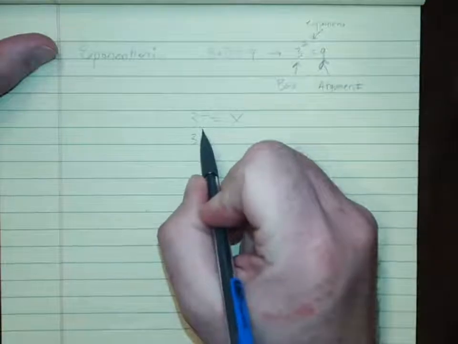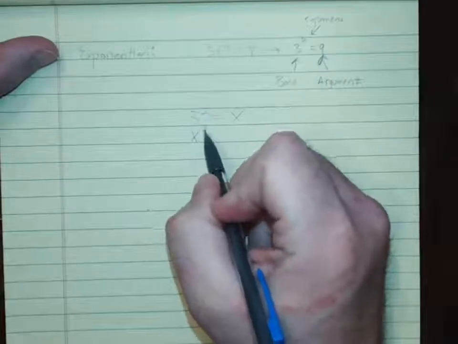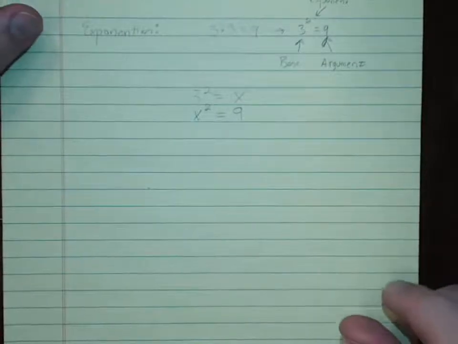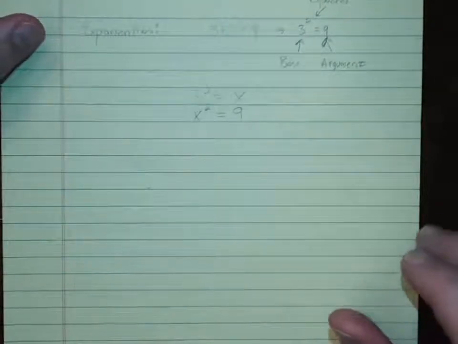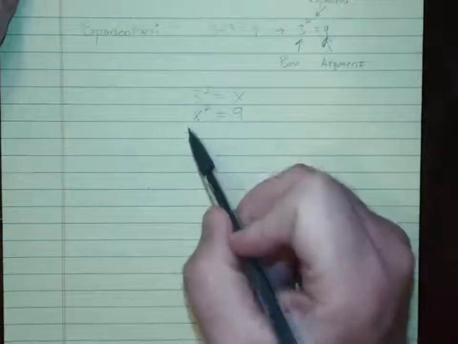If you have 3 raised to the x power, we'll come back to that. If you have something raised to the second power and it equals 9, well, that's where square roots came from. There's an algorithm you can use, and we now have calculators that can do that for us. Certainly you can use an online calculator to help yourself out. Ultimately, the answer was to take a root.